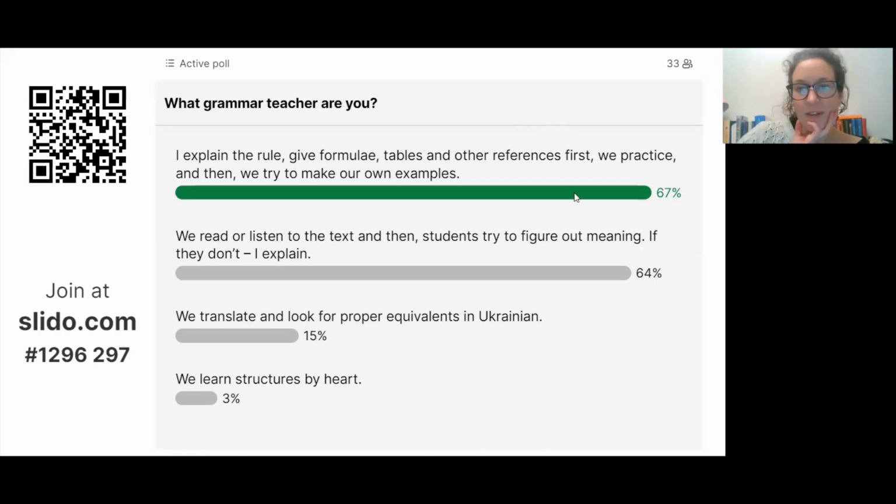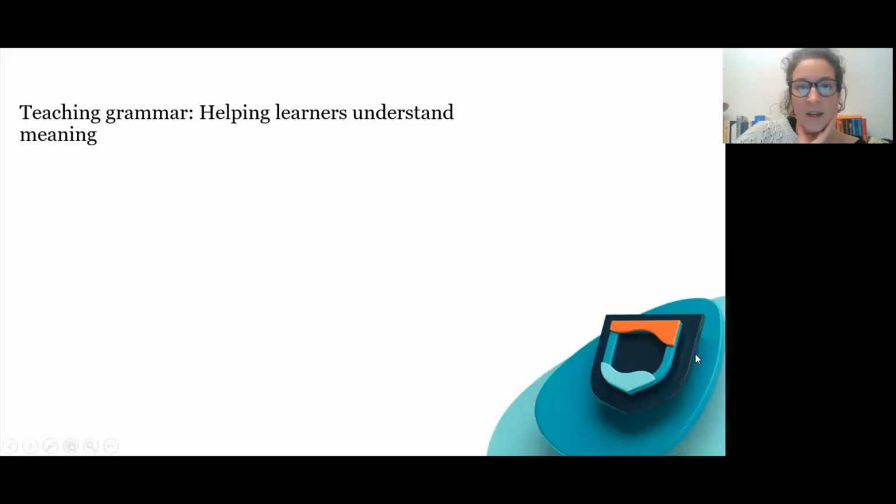All right, so this is quite an academic, scholarly approach, and most of us use it, but I like the fact that there are people who use the second one. Of course, all of them are quite important.